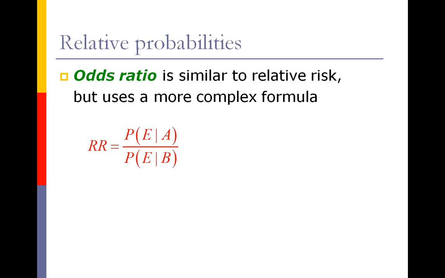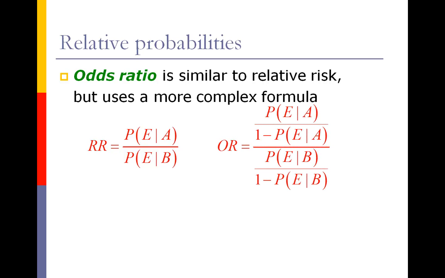So the probability that the event happens, given that we are under condition A, divided by the probability that that same event happens, given that we are under condition B. Well, the odds ratio is given by this formula, and you can tell that it's more messy, right? So I'm going to go through one aspect of that formula in a minute, okay? But right now I just want you to look at that formula and say, oh my goodness, isn't that great that we're not going to have to learn it or use it, okay?